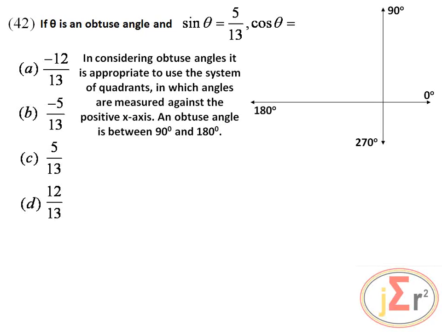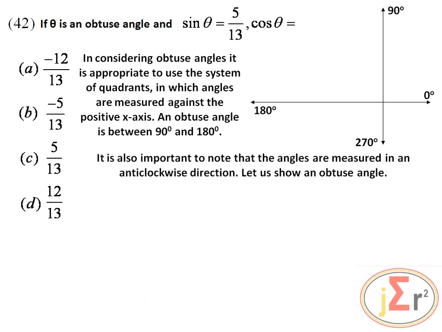An obtuse angle is between 90 degrees and 180 degrees. We need to find the cosine of an obtuse angle when the sine of that particular obtuse angle is given. We will need to make use of the system of quadrants. It is also important to note that the angles are measured in an anticlockwise direction.